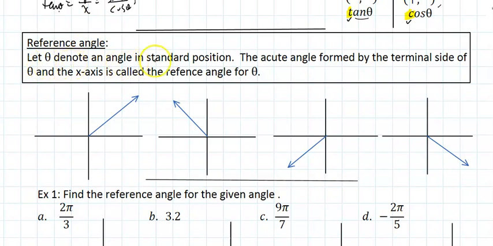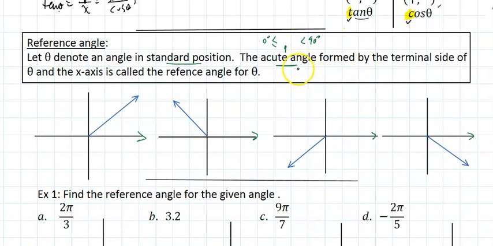Let theta denote an angle in standard position, meaning you start on the positive x-axis. That's what that means. The acute angle. What's acute angle mean? That means it's between 0 and 90 degrees.